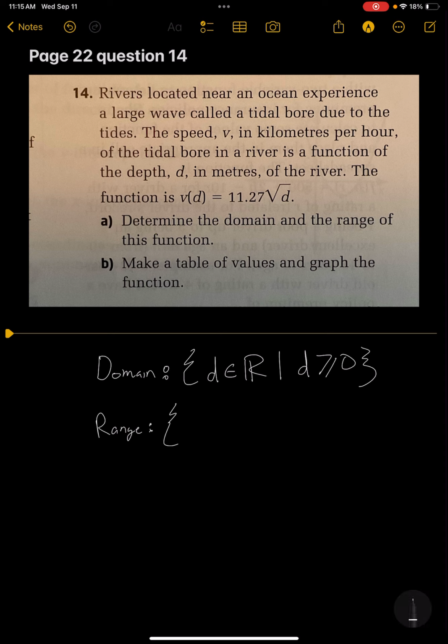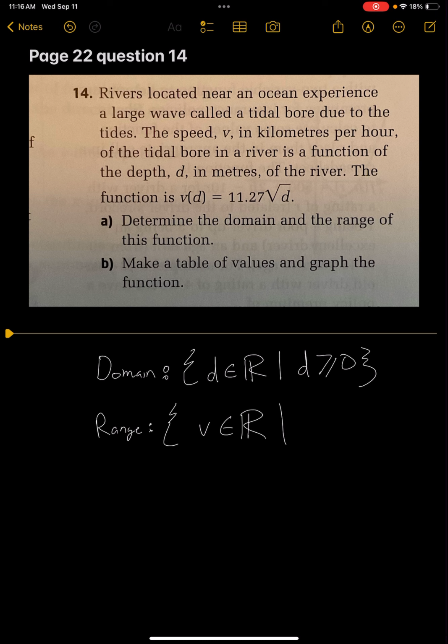In fact, I believe that v of d is an element of R such that, maybe we should draw it first to see. Can it be negative? Yes, because there's direction to it.